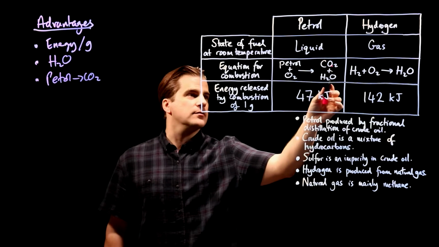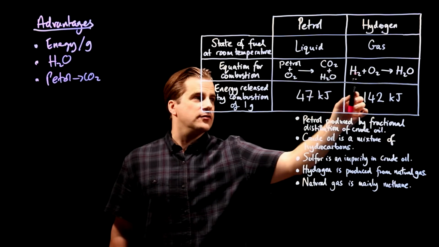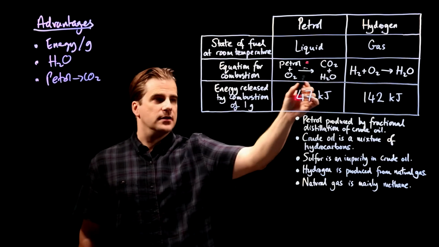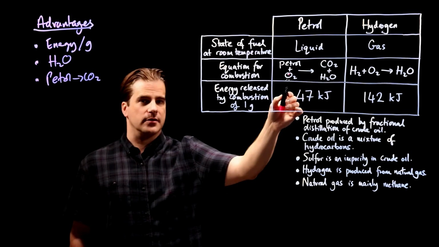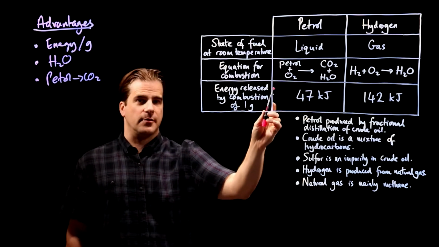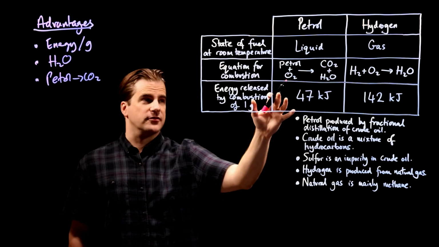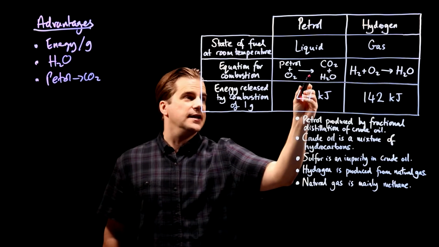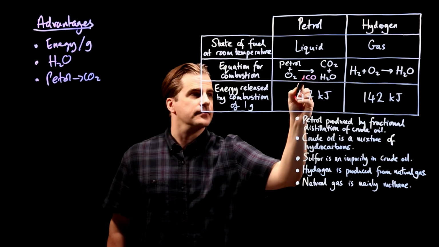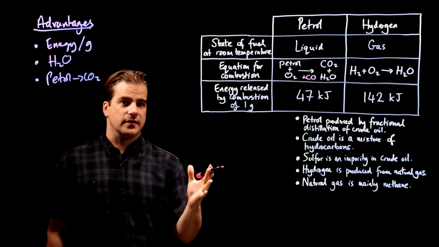There's another one. What else can we say? Advantages of hydrogen. Well, petrol is the combustion of a hydrocarbon. And whenever you have combustion of a hydrocarbon, you can have incomplete combustion, which can lead to carbon monoxide, which is toxic.